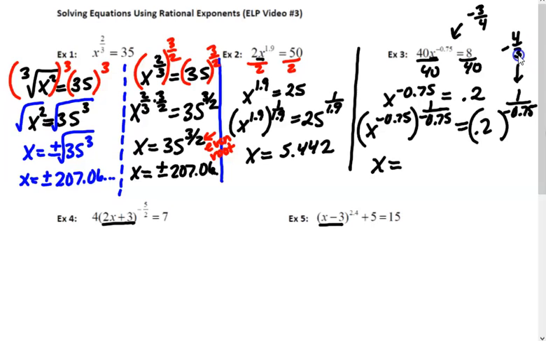When I raise both sides to the same power, that power doesn't have an even root in the denominator, so I don't have to use plus or minus. So 0.2 to the 1 over negative 0.75 power turns out to be 8.549.